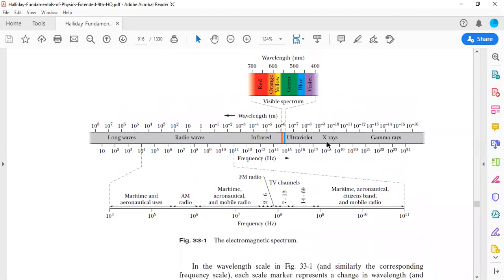Similarly, X-rays have different types, which you might have studied earlier in your class, FSc maybe: Bremsstrahlung X-rays, hard X-rays, soft X-rays. So why is every portion given a different name?